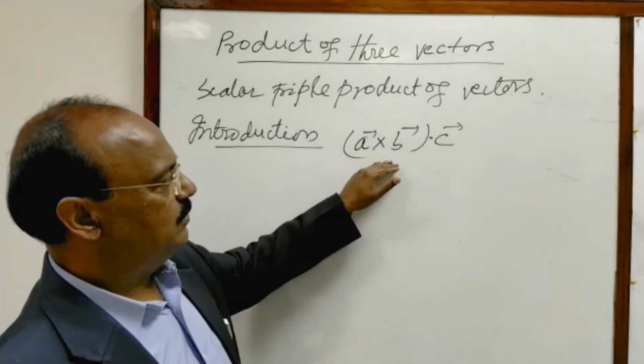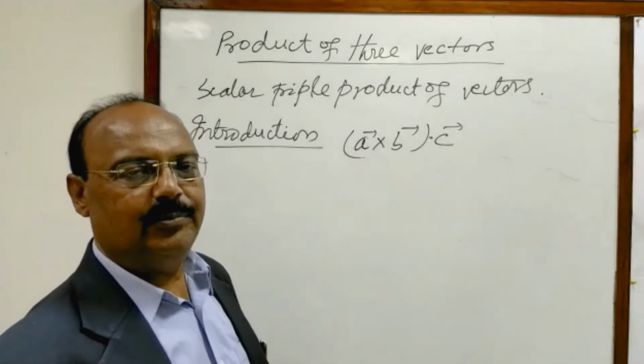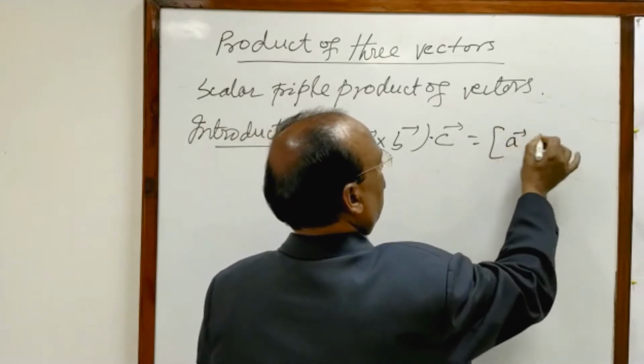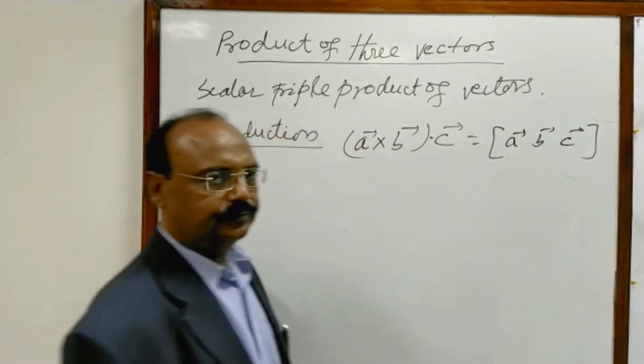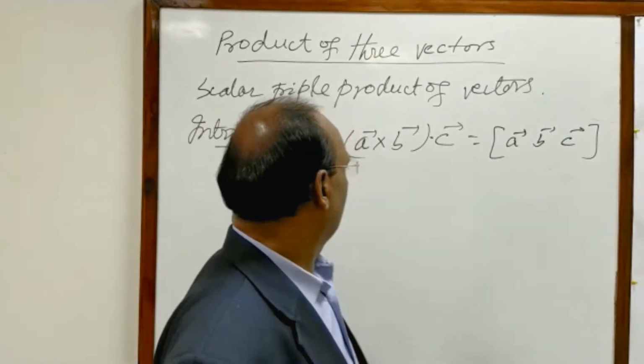And this A cross B dot C, which is the scalar triple product of vectors A, B and C, is denoted by this notation, A, B and C. This is a very simple topic, very interesting topic.